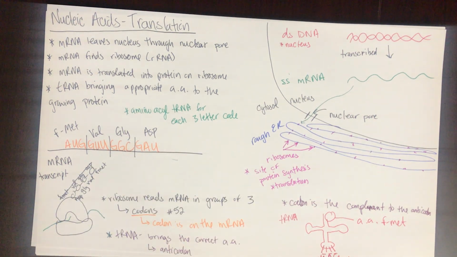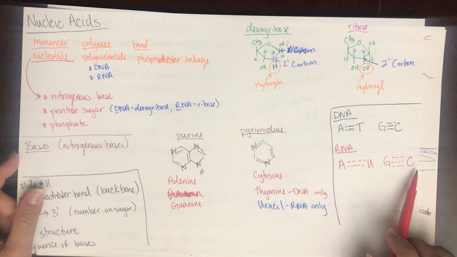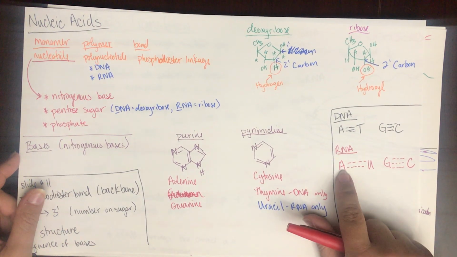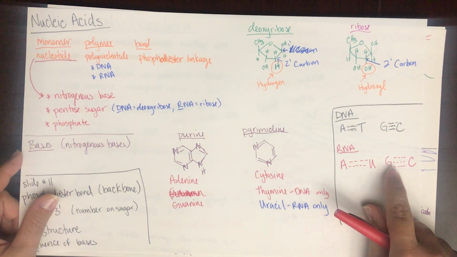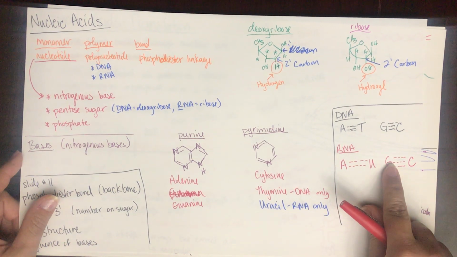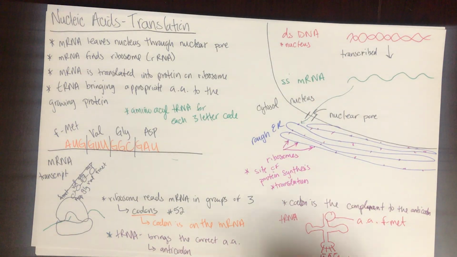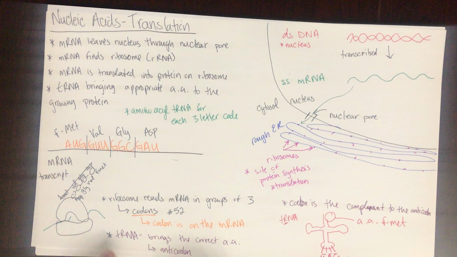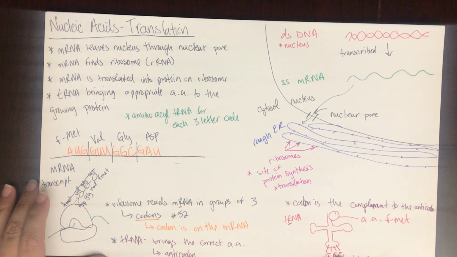So remember, it's the complement, back when we learned about the nitrogenous bases, and you see that every nucleotide has a complement. So if it's A, its complement is U. If it's U, its complement is A. G, C, C, G. And remember, these are all RNA. The tRNA is an RNA. The messenger RNA is an RNA. So we're all going to have U's here, no T's.